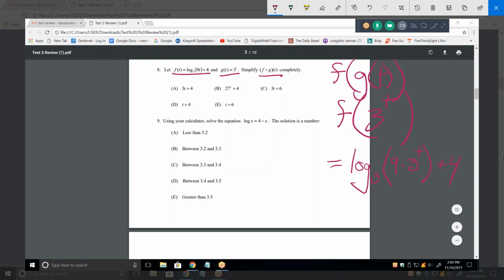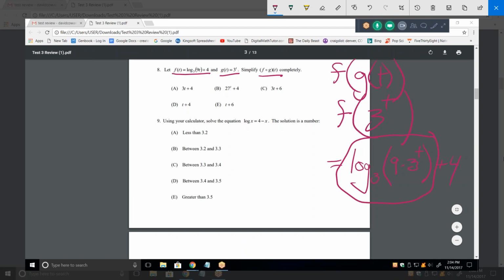Now, it says simplify completely. Well, I don't see any answers that look like that at all. So, first of all, let's see if we can simplify that.